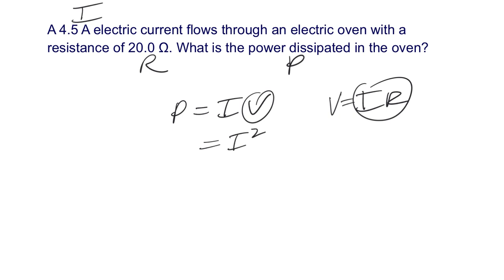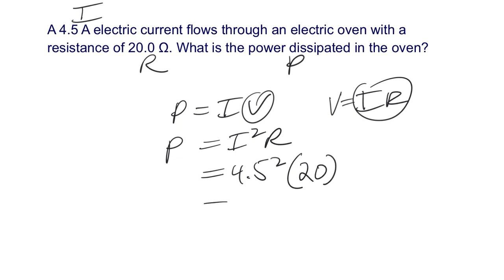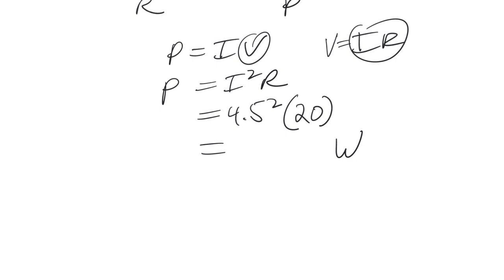So this is I times IR, I squared R. So this would be 4.5 squared times the resistance. And I get 405 watts. 405 watts.